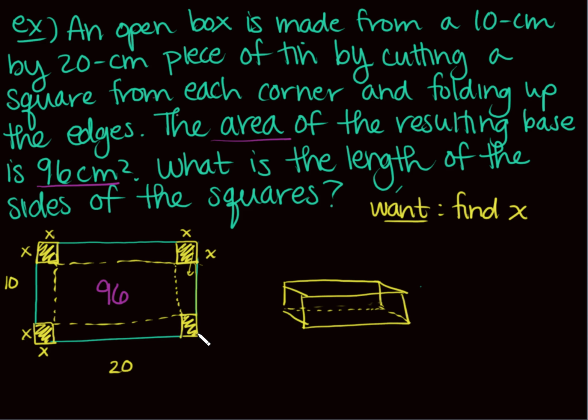Now what do I know about the area of this rectangle right here? Well, the area is going to be length times width. Can I find an equation to describe this length and width of this area that's 96? Yeah, I can. I know this whole length here is 20.